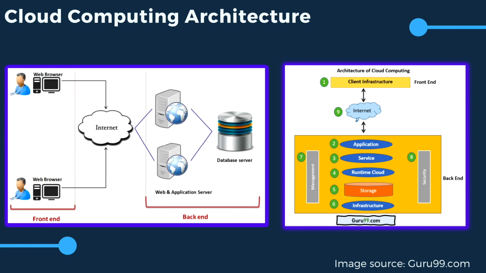You just need to browse your software service and start working on it. Everything else is managed by your cloud provider. Similarly, on your left hand side, you will see two persons browsing the services through the internet. Then on the back end, you would see web and application services, and then there's a database server where all the data is stored.